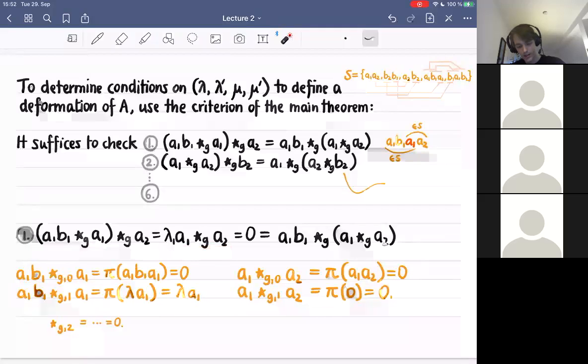And now we calculate the second star, lambda 1 A1 star star G with A2. If we don't use G at all, we just use the old relation on A1, A2, that was 0. But also the new relation with G is 0 here.